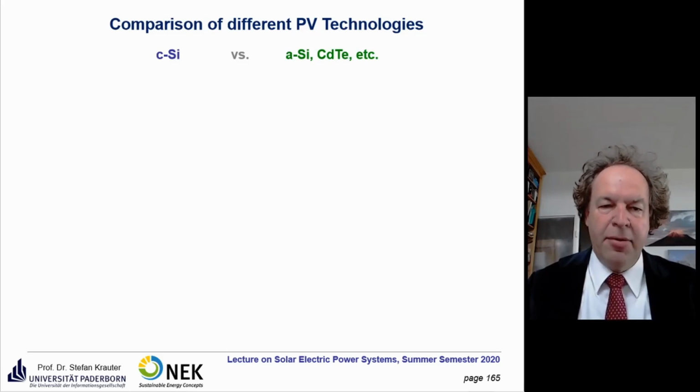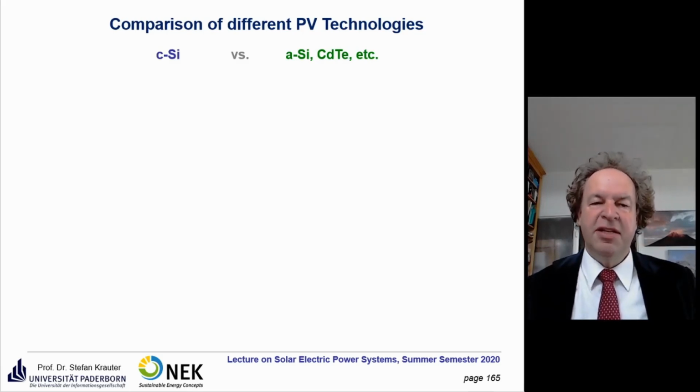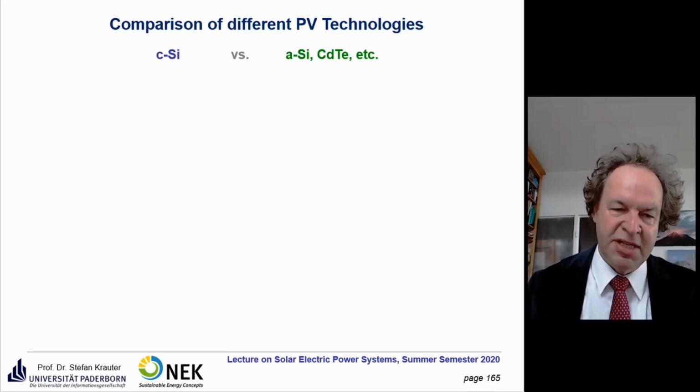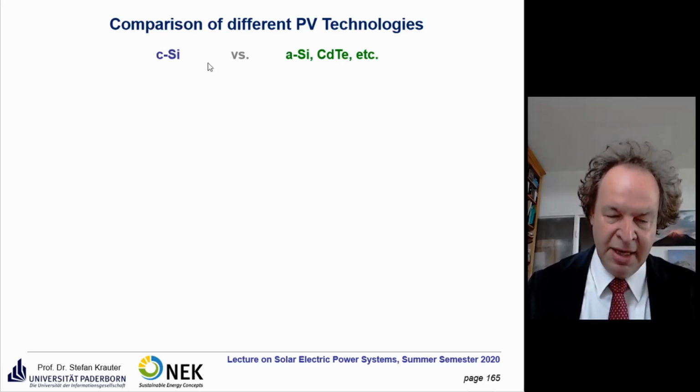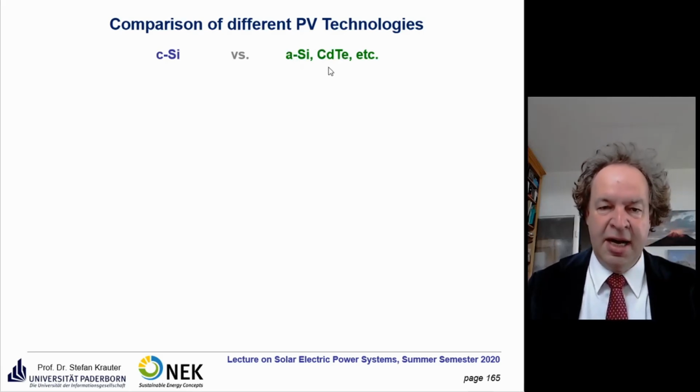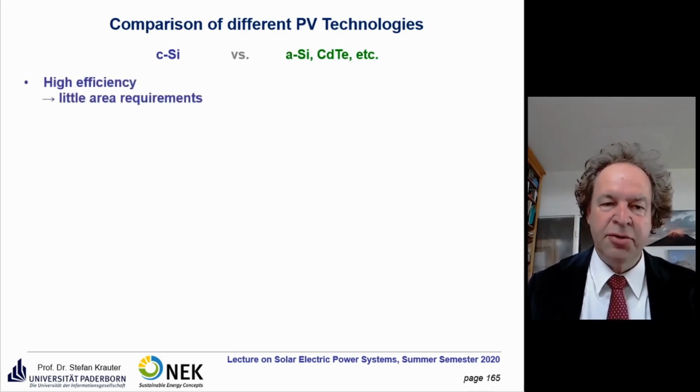If we take a comparison between the different PV technologies, for example here crystalline silicon on the left side in blue color, and some thin film technologies such as amorphous silicon, cadmium telluride, etc. Usually the crystalline silicon has the highest efficiency.